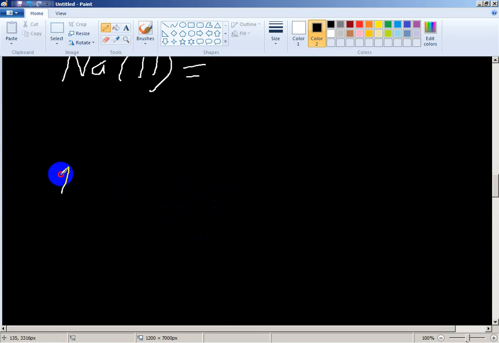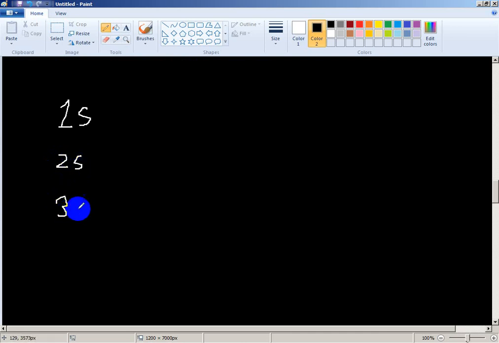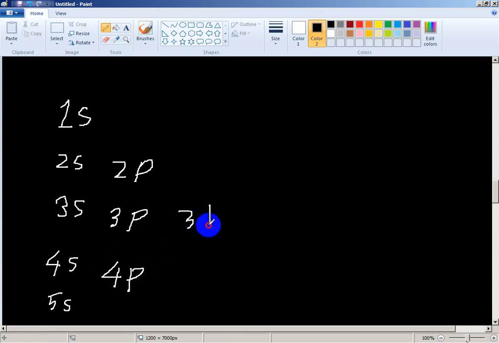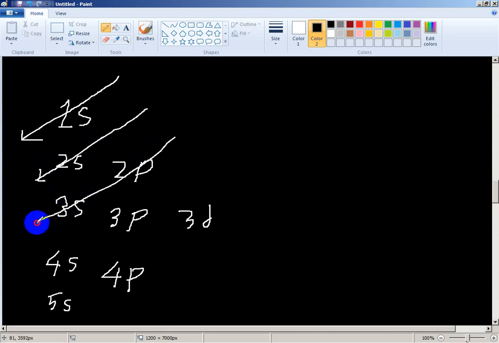Orbitals: you know these, 1s, 2s, 3s, 4s, 5s, 2p, 3p, 4p, and 3d. Electrons first enter the 1s orbital, then the 2s orbital, then 2p, then 3s, then 3p, 4s, then 3d, 4p, 5s.